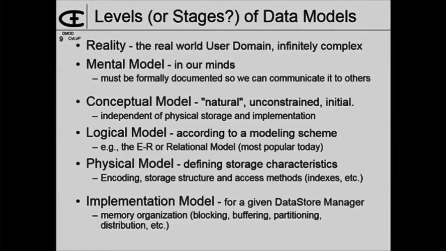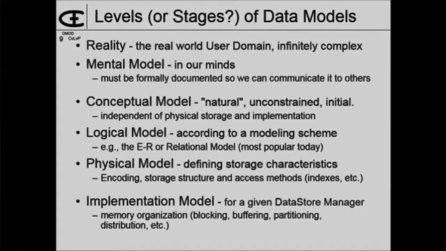Here are the levels of data models or stages. There is the reality of the user's world. That is infinitely complex, an infinite amount of detail. We have to make some choices, right? So we look at it based upon our purposes, we make some choices, we form mental models in our head, but we still can't communicate that until we externalize it.